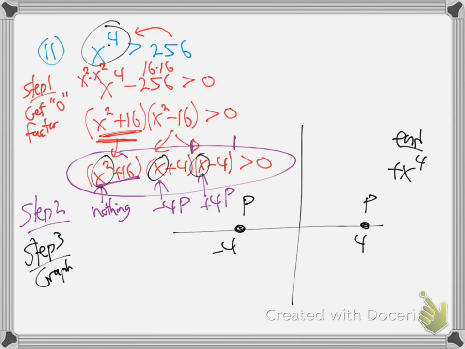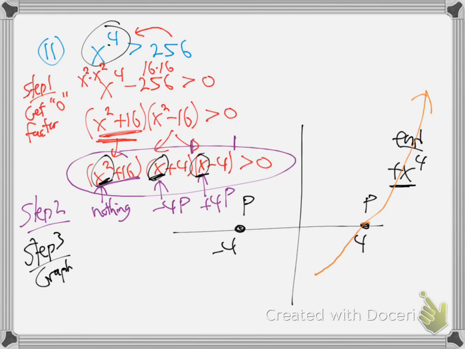Y'all tracking with how I'm doing that end behavior? That tells you what that function will do in the end, whether it'll go up or down. If you multiply this out and it's positive, this function's going up in the end, like that. Then you can just trace it right back through. It's going up in the end. We know that because this is positive.